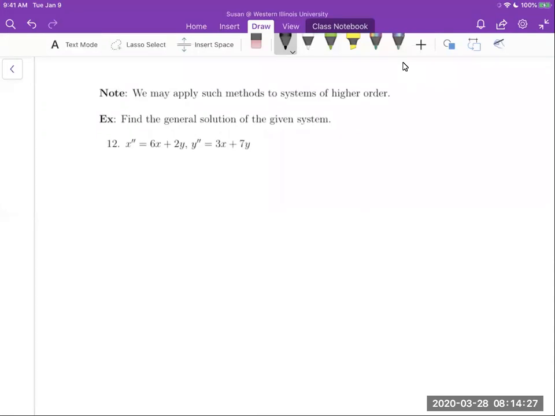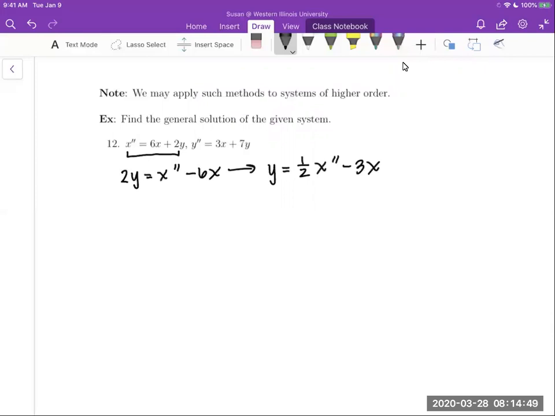So as always, just choose which equation you want to work with. I'm going to work with the first one. So this is 2y equals x double prime minus 6x. And then if I solve explicitly for y, y equals 1/2 x double prime minus 3x.